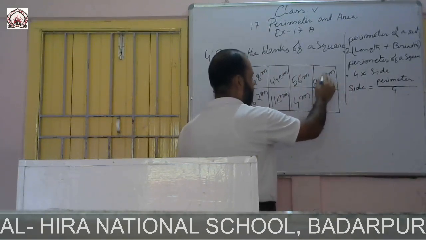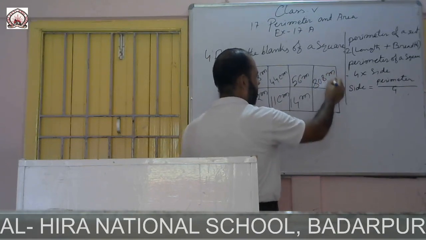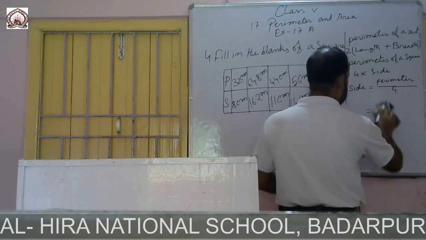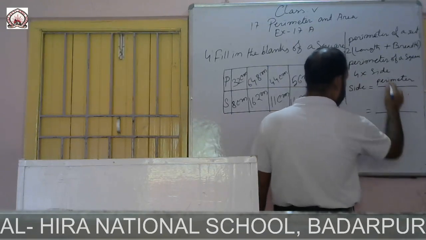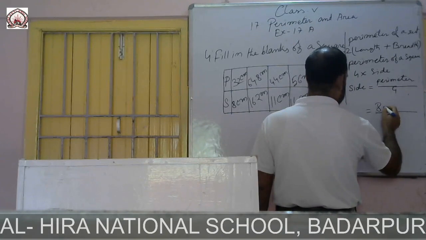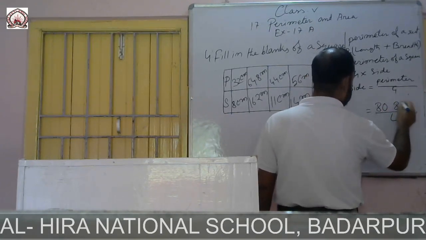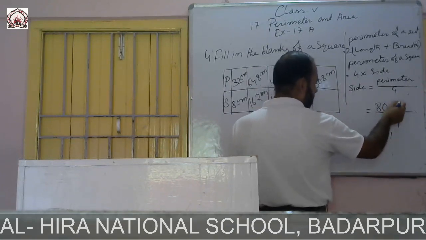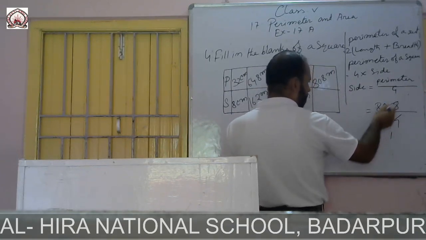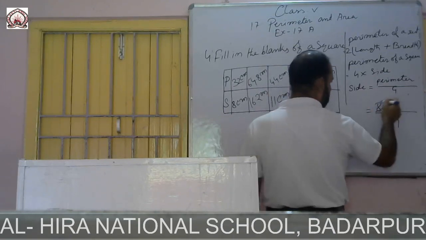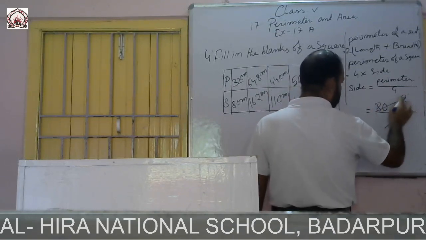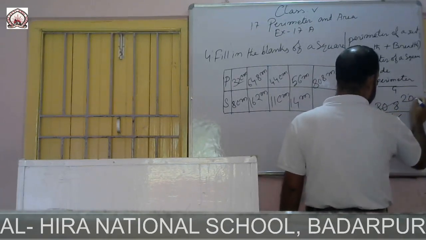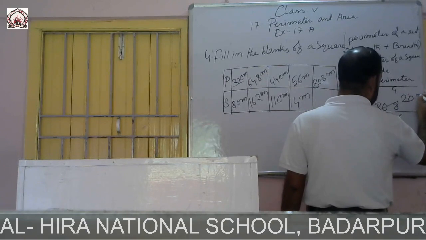Next is what? 80.8 meter. Perimeter equal to 80.8 meter. So if we cut, 4 ones are 4 and 4 fours are 16, 4 twos are 8, 0 remain, 4 zeros are 0 and 4 twos are 8.